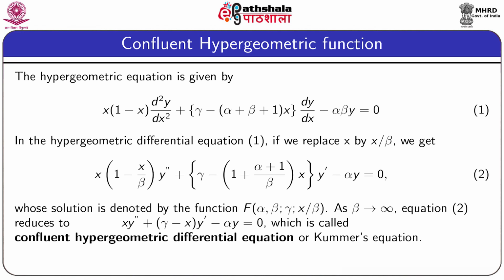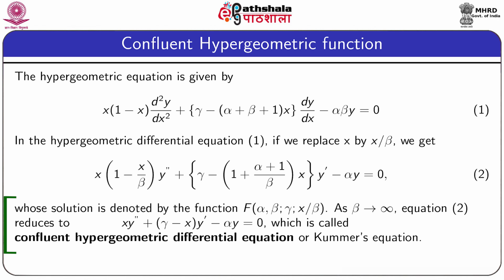Now, as beta tends to infinity, equation 2 reduces to x y double dash plus gamma minus x into y dash minus alpha y equal to 0. So, what you have to do is, in equation number 2, we make beta tend to infinity, and we know if beta tends to infinity, 1/beta tends to 0, and hence this particular term x/beta vanishes.